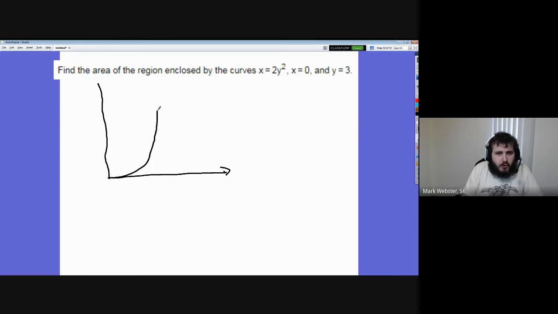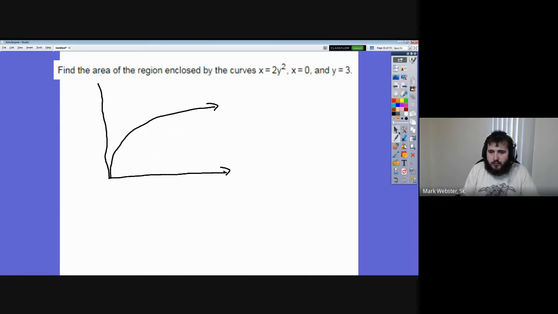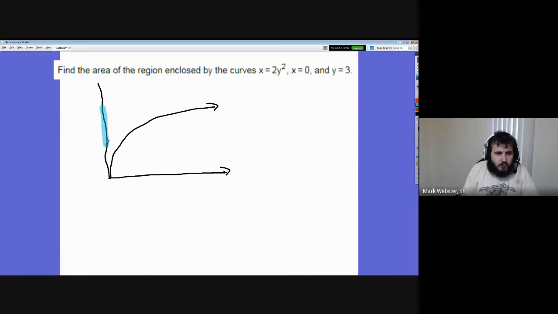So here's x equals 2y squared. There we go. Looks like that. And then we have x equals 0 and y equals 3. So here's x equals 0. Here's y equals 3. So our region that we're actually caring about is this one in here, right?